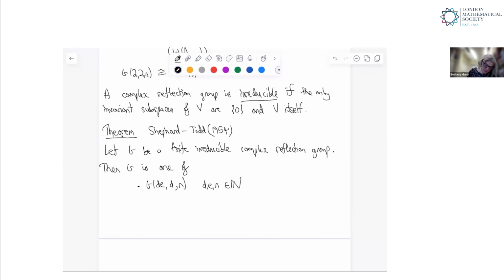And the case e equals 1 is the one we're focusing on here. But let's mention in passing, if you have G(d,1,n), it's the same as G(d,d,n), but with that last restriction removed.